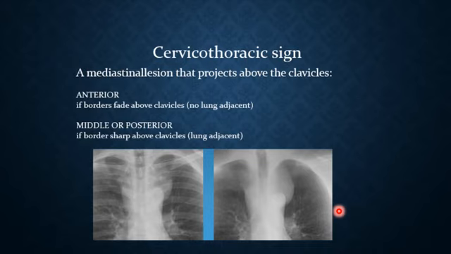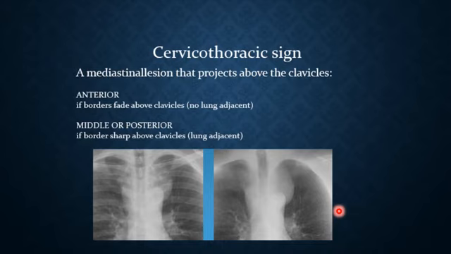It's not anterior. If the borders of the mass fade above the clavicle, if you see the border of the mass disappear above the clavicle, it is an anterior mass. If the border above the clavicle is sharp and very well defined, then it is middle or posterior.